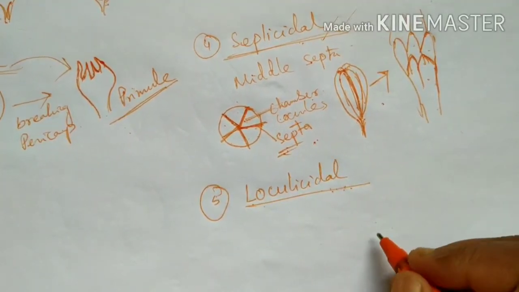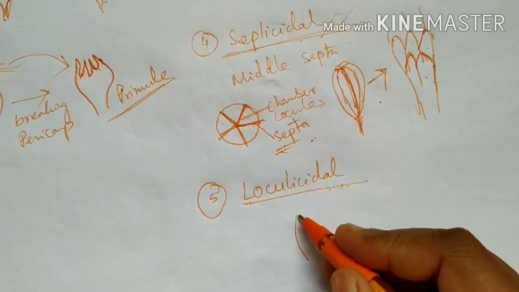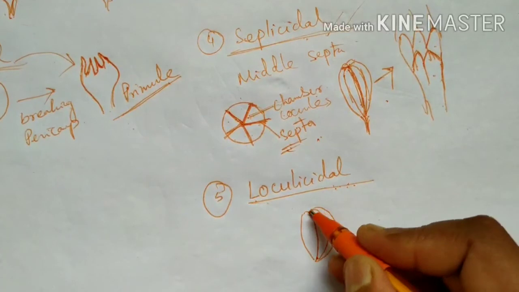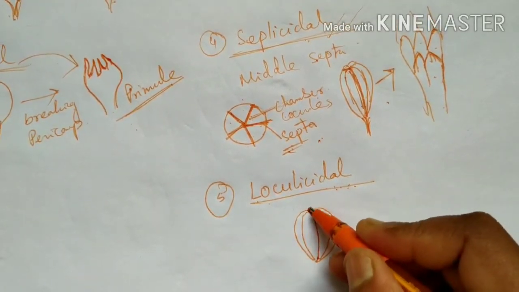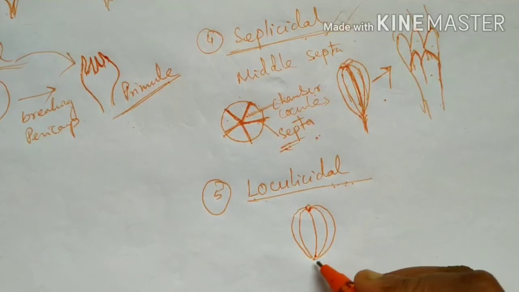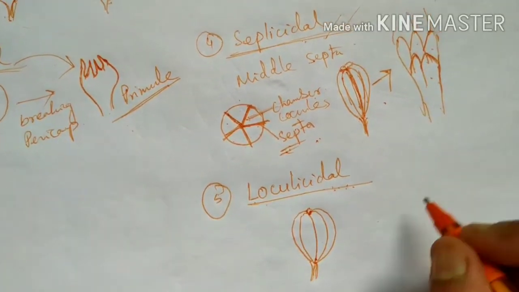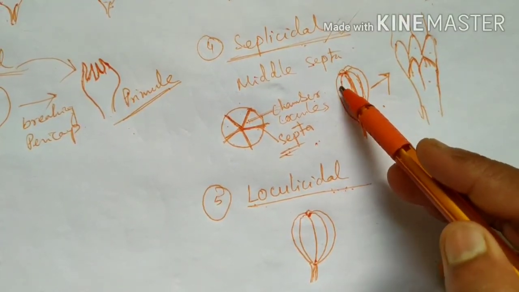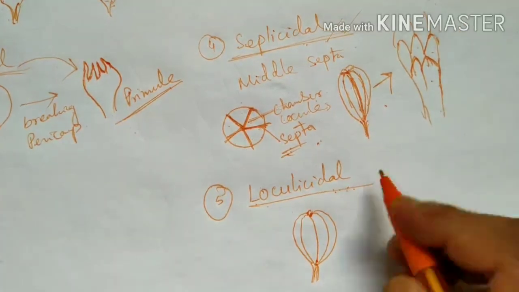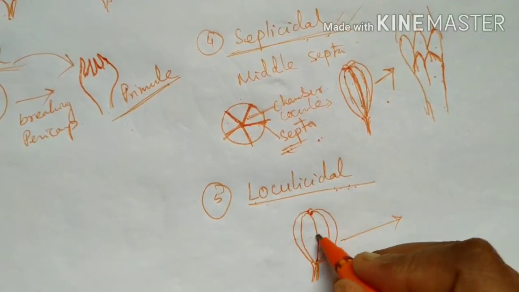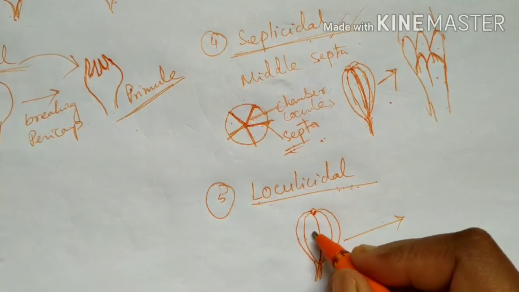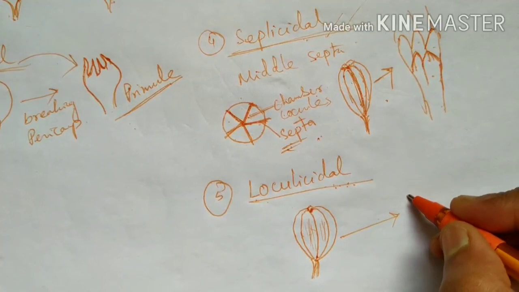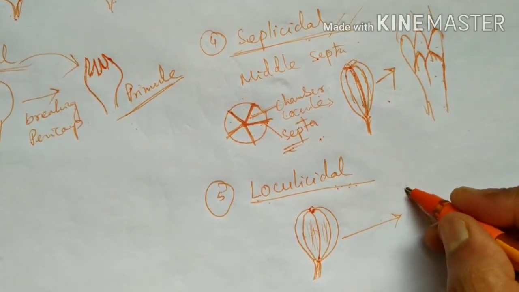So if this is a fruit, and in septicidal case the fruit breaks through middle septa, right? But here the fruit breaks through this locule, so the fruit breaks through these chambers. So it looks like this type.